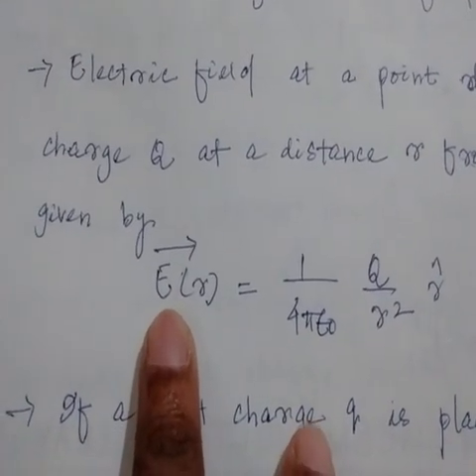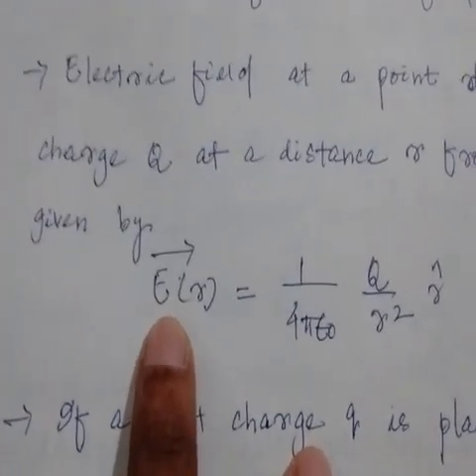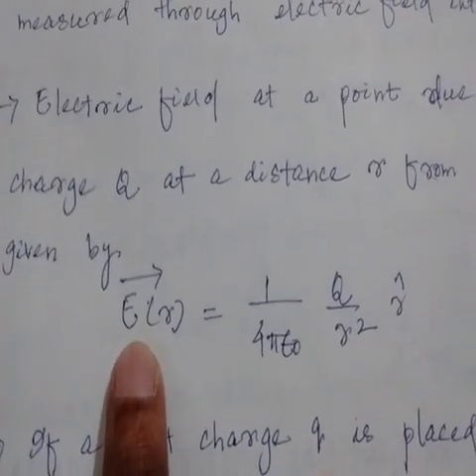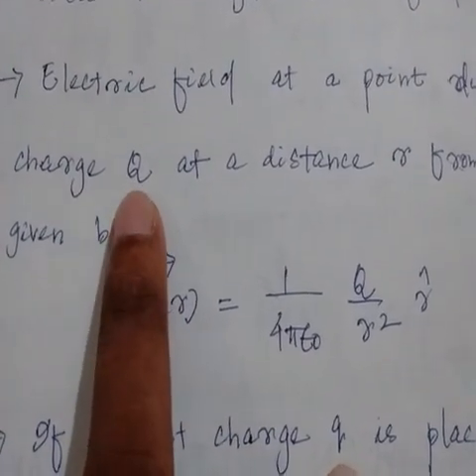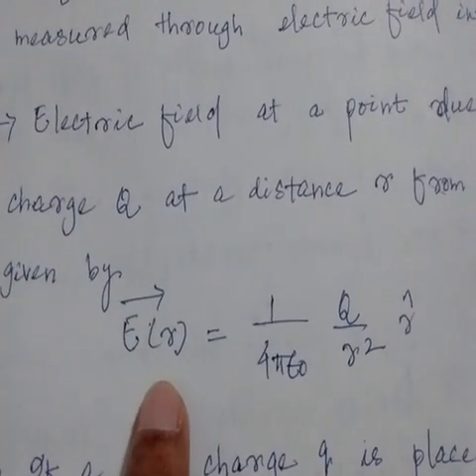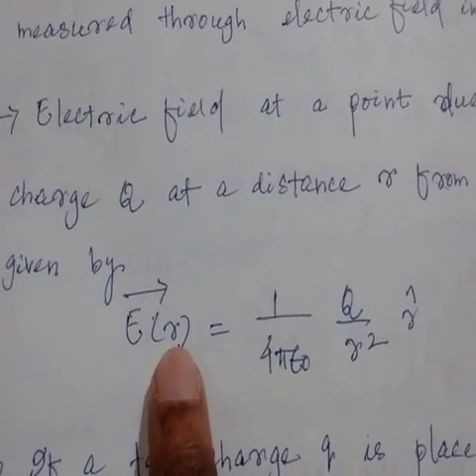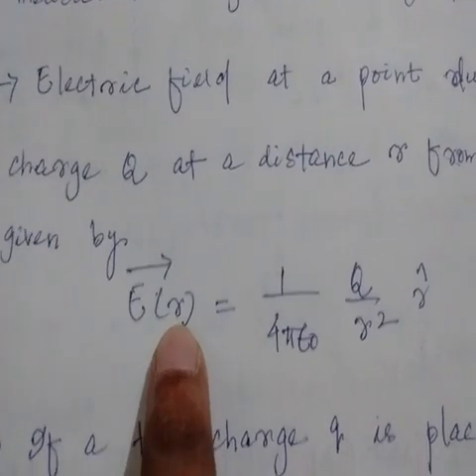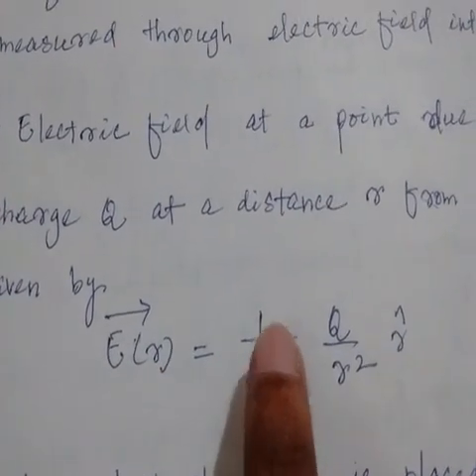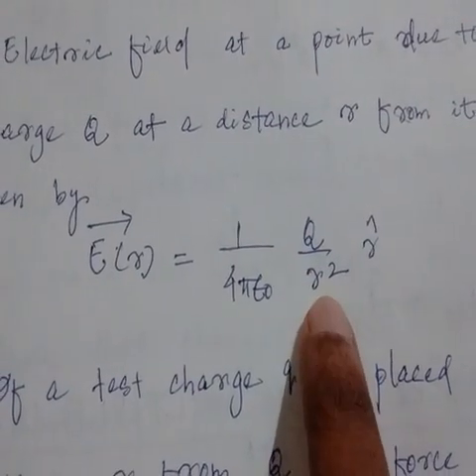Of course, electric field is the effect due to some charge. This charge is called the source charge. In this case, the source charge is Q. Now, the electric field at a point whose position vector is R is equal to 1 by 4 pi epsilon naught Q by R square.